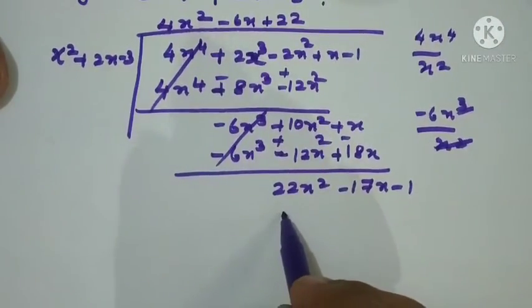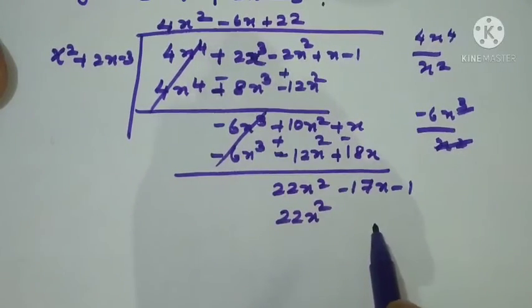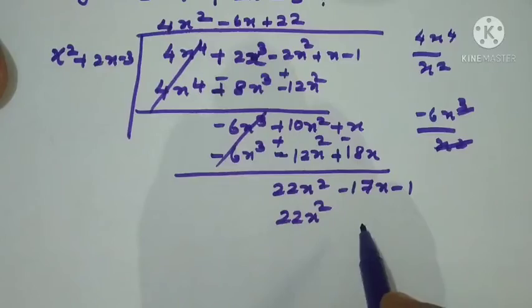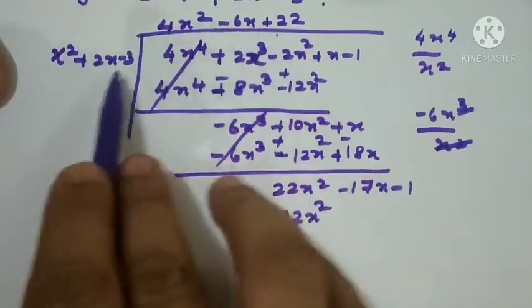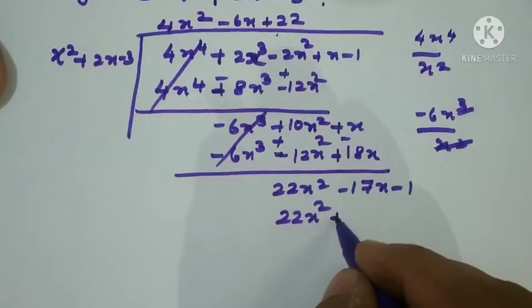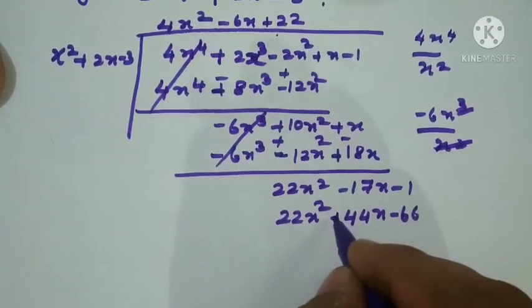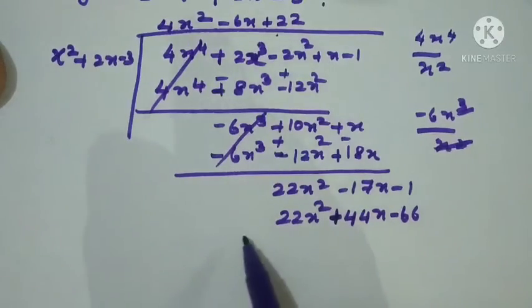Multiply now. 22 into 2 it is 44x. Minus 66.